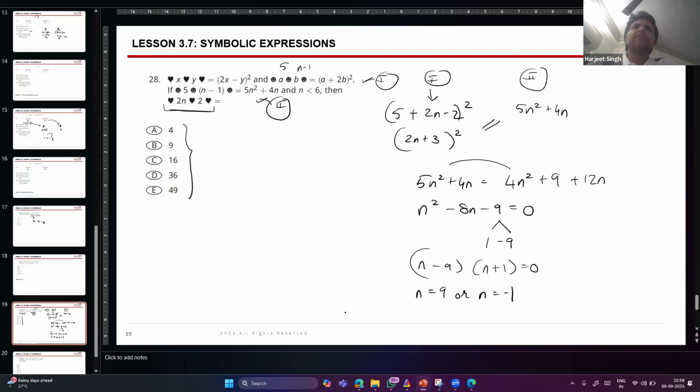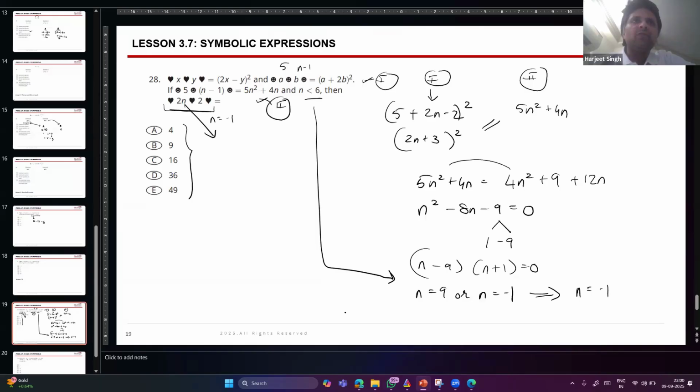Also, there's a condition given. N is less than 6. Let's use that. So if n is less than 6, it also means that n is equal to minus 1. It can't be 9 due to this constraint. And since n is minus 1, I'll directly put n equal to minus 1 in this.